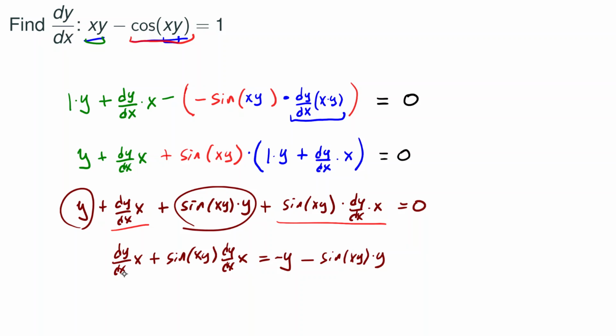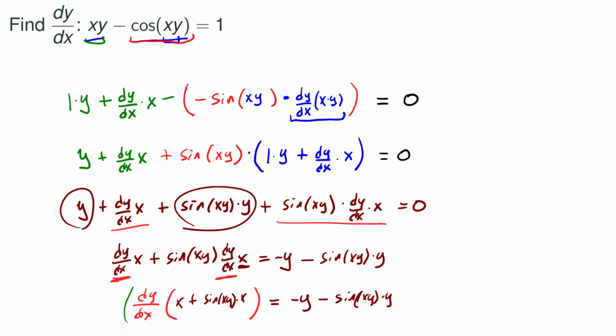So then we need to isolate dy dx, therefore we need to factor dy dx here. dy dx times x plus sine xy times x. Don't forget this x right here. Entire thing equals negative y, negative sine xy times y. So finally, in order to solve for dy dx, we need to divide both sides by this right here.